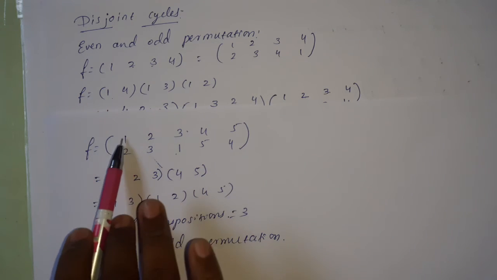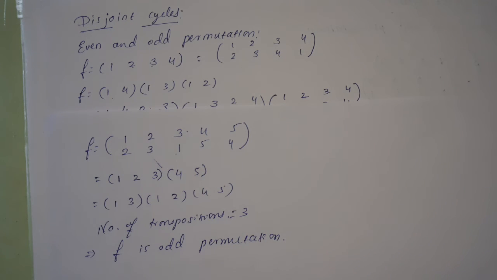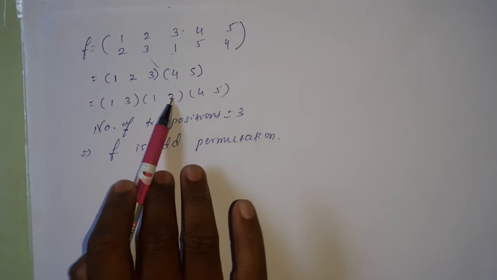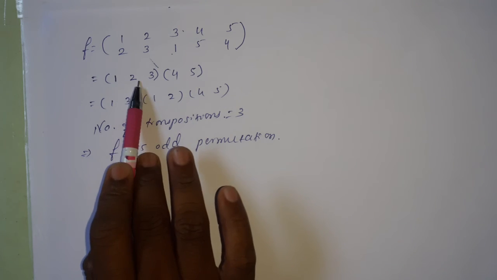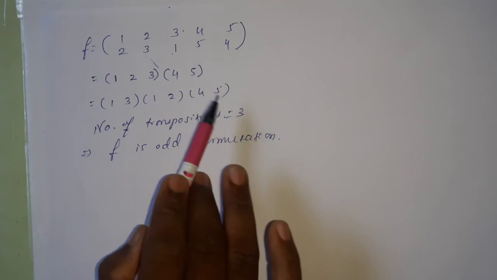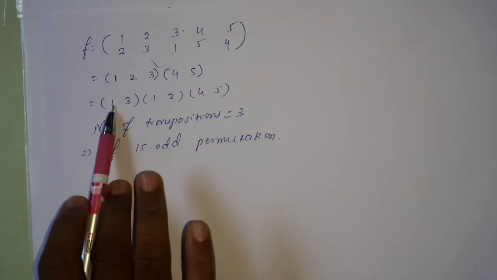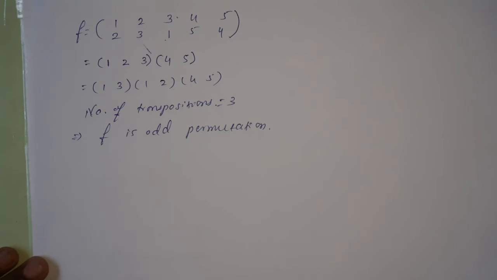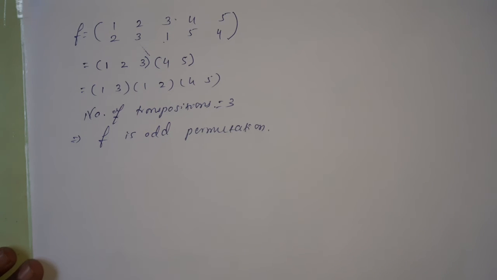But here the given permutation is not a cycle, hence we need to express it as the product of disjoint cycles, then move towards the transpositions. So here (1 3)(1 2) are the transpositions for the first cycle and (4 5) is the transposition for the second cycle. Then totally there are 3 transpositions, hence it is an odd permutation.